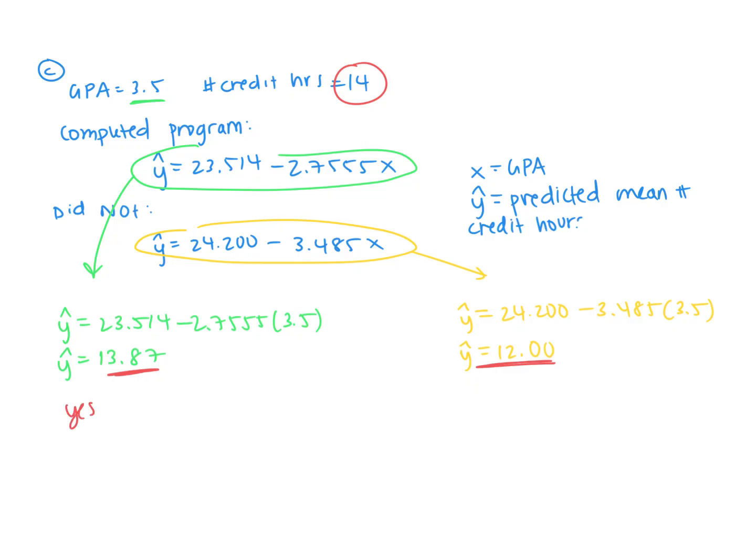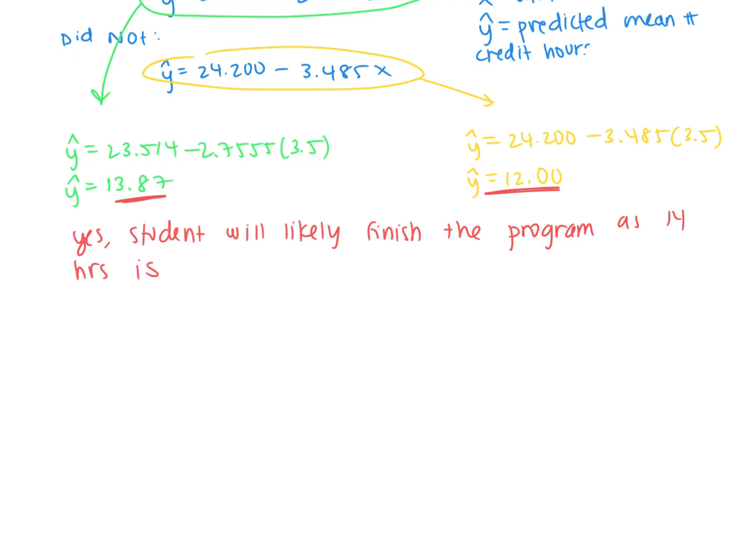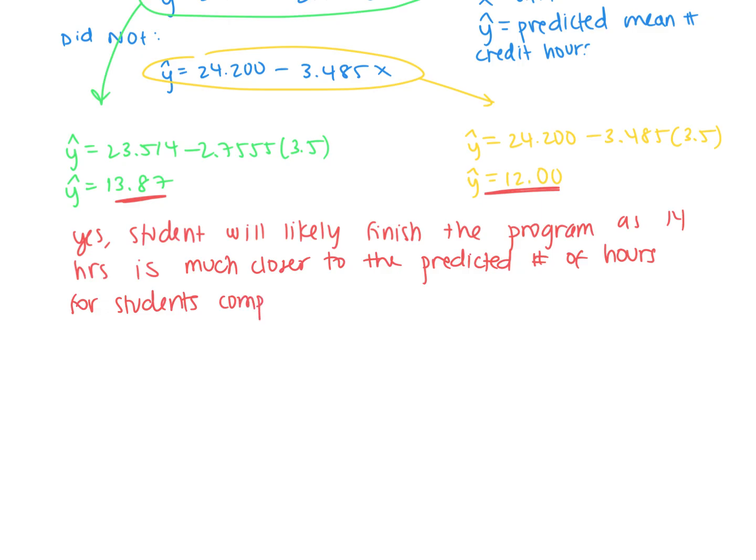So we would say, yes, the student will likely finish the program, as 14 hours is much closer to the predicted number of hours for students completing the program compared to those who did not.